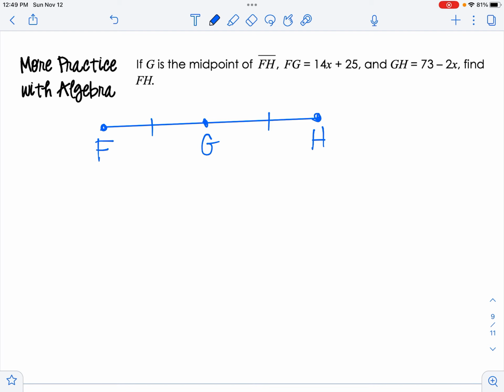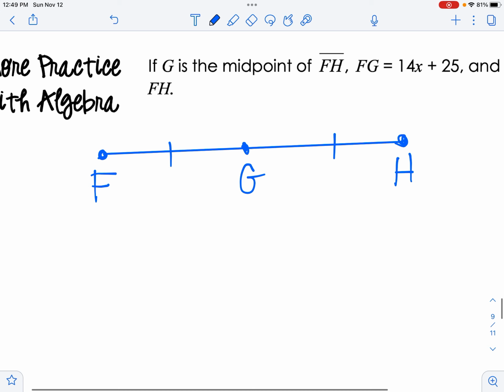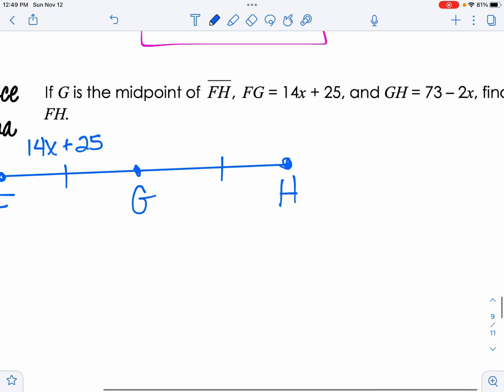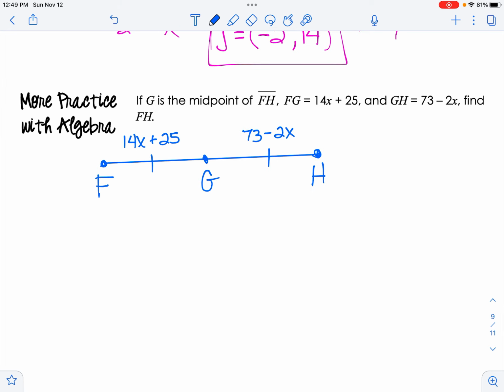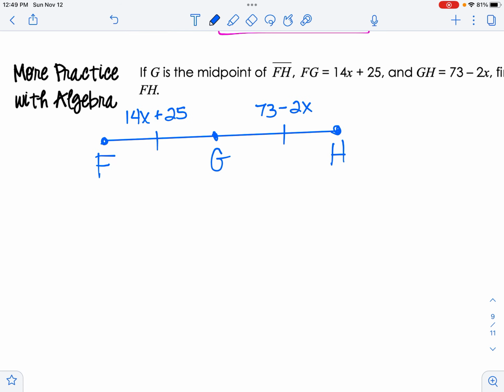So these two segments are the same because G is the midpoint. I know that FG is 14x plus 25, and I also know that GH is 73 minus 2x. Okay, now because G is the midpoint, we know that this and this have to equal each other. They have to be the same length. So we're going to write that. 14x plus 25 is equal to 73 minus 2x.